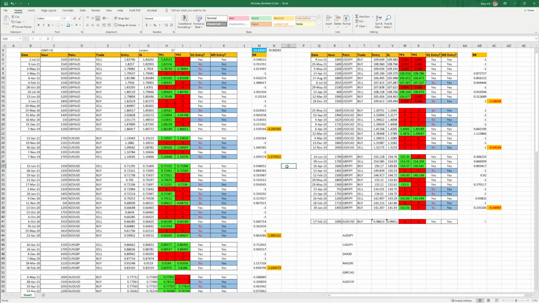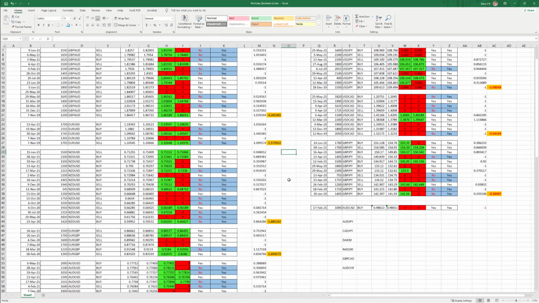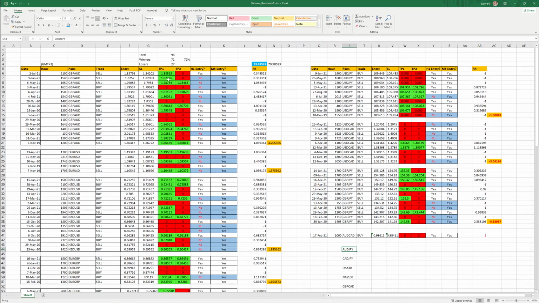Because I'm going to turn that question back to you. You as a trader, do you feel comfortable when you see a signal on Aussie yen, risking your own money on that signal if you have not yet done any backtest on that pair? That is the question that you need to ask yourself.